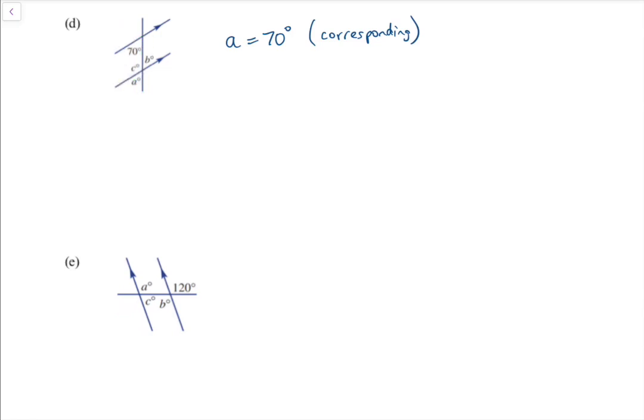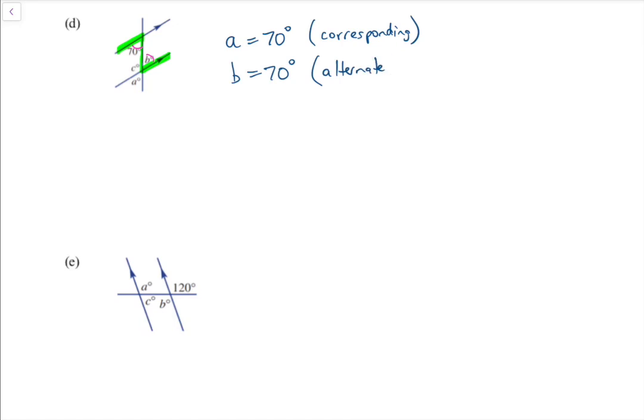So let's clear the diagram there and let's now have a look at it. Now I could look and use the Z shape and say that those two angles are the same, so B equals 70 degrees. I do know B equals 70 degrees, but I need to give a reason for it, and the reason is alternate.